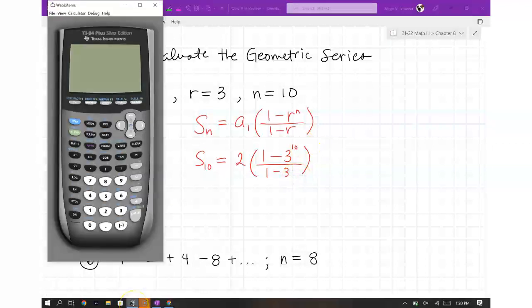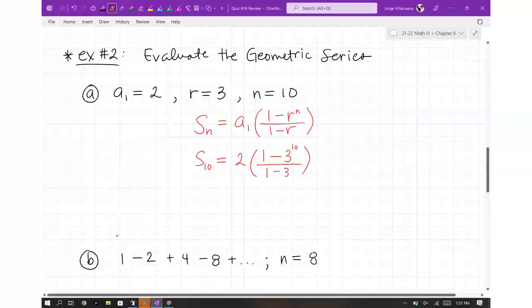Let me punch that in: 2 times (1 minus 3 to the 10th) divided by (1 minus 3), which is negative 2. So 59,048. So there's my answer. S sub 10 is 59,048.